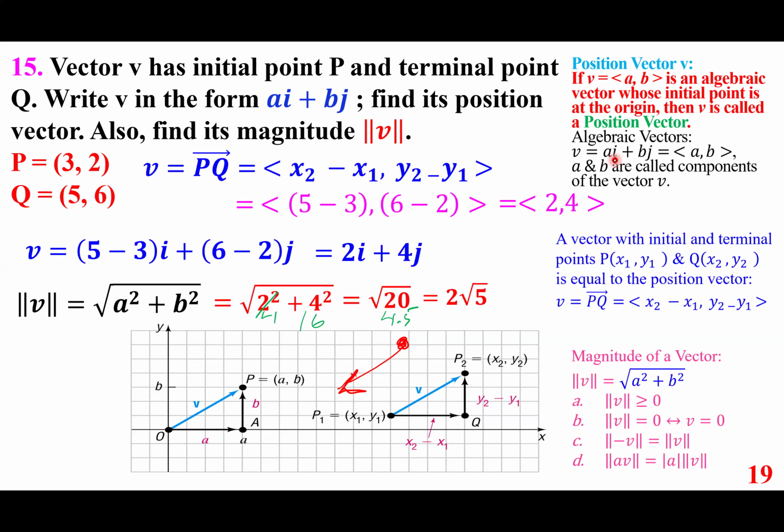Any vector becomes a position vector if you move it such that the initial point is at the origin. That's it. And the magnitude really follows what we have seen before, the Pythagorean theorem, square root of a squared plus b squared. This is the a component, this is the b component, okay? So, Pythagorean theorem.